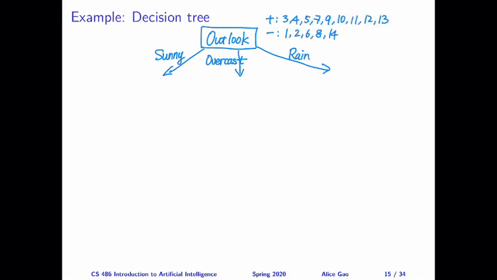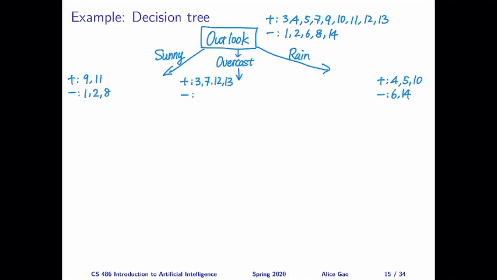All right, so I've divided up the positive and negative examples. Now, depending on the value of outlook, I'm going to further divide them up into 3 sets. For example, data point number 3 is overcast and it's positive, so I'll put it in the middle. Data point 4 is rain and positive, so I will put it right here. You can keep going like this.